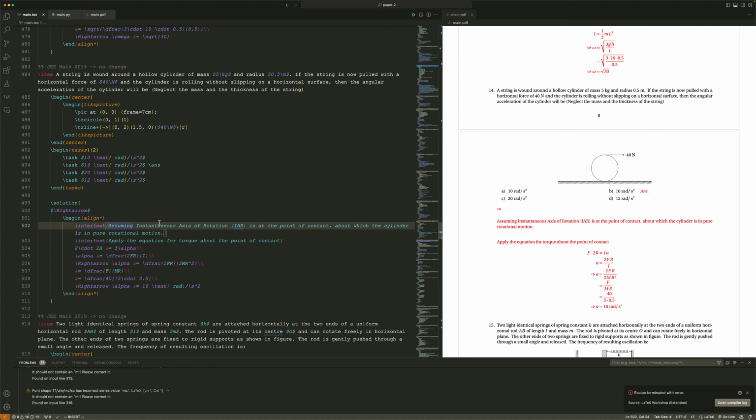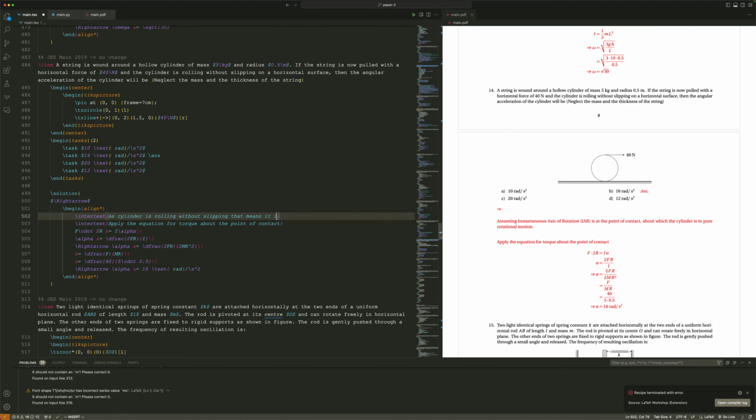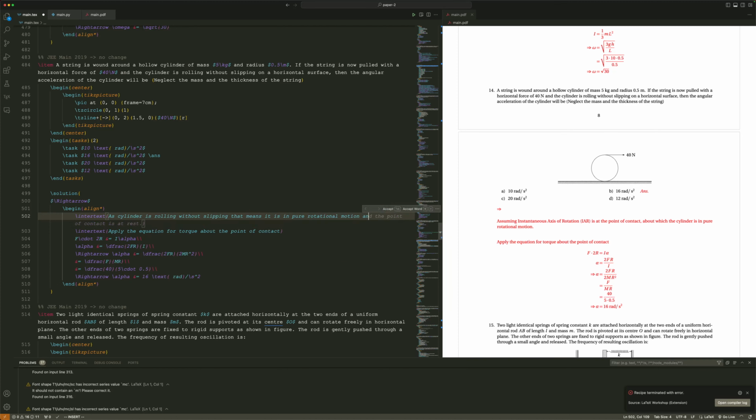As the cylinder is rolling without slipping, that means it is in pure rotational motion about the point of contact, and then apply the equation for torque about the point of contact.